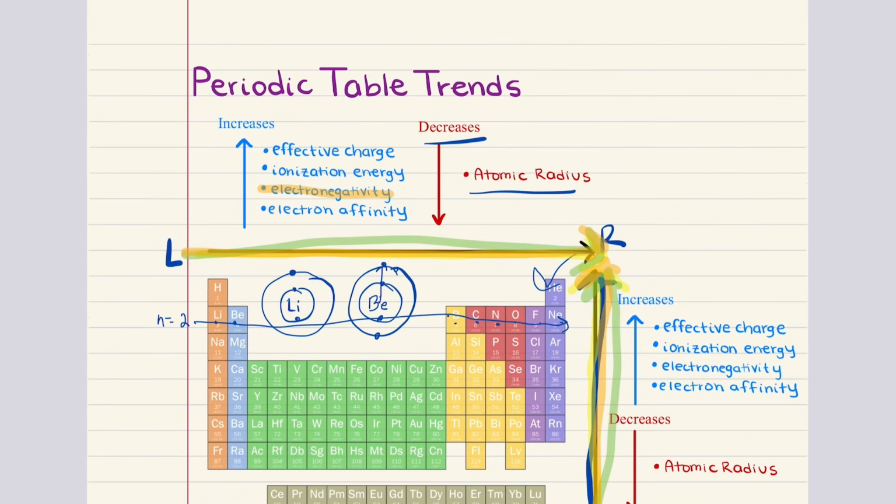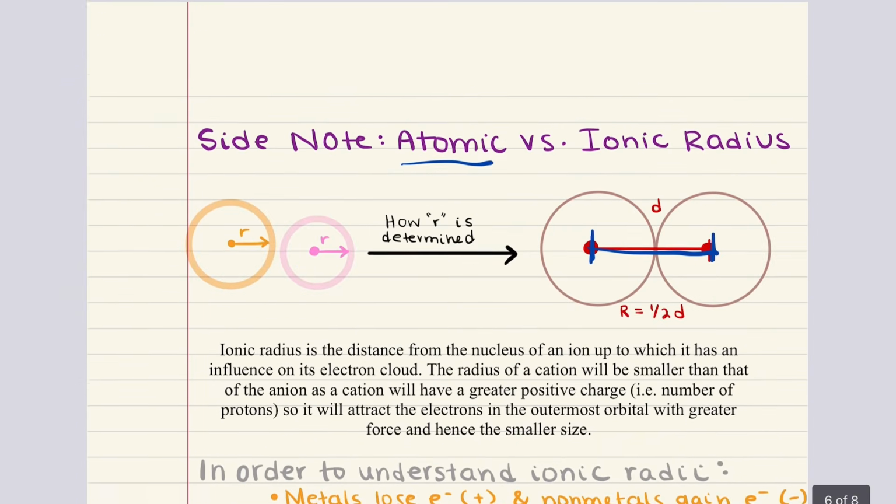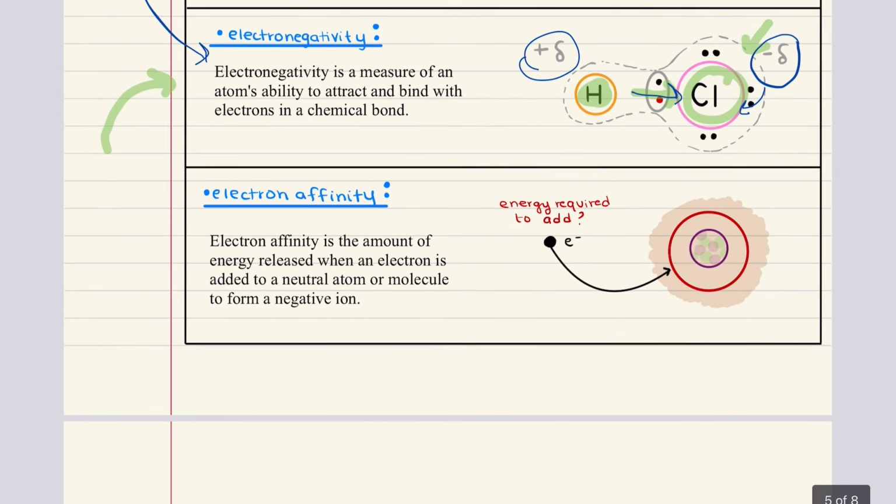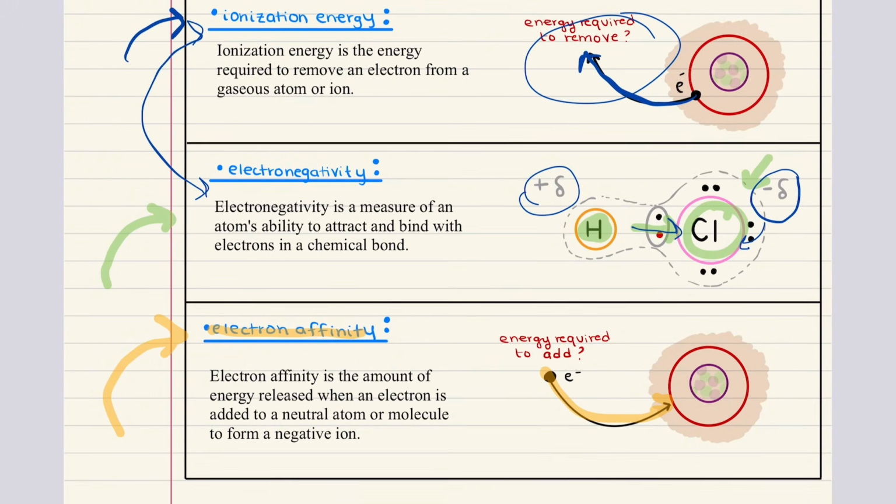Now, with that, we're able to move on to our last and final concept, and that is electron affinity. Electron affinity is the measure of the energy change when an electron is actually added to a neutral atom, forming a negative ion. All right, so it's the opposite of ionization energy.